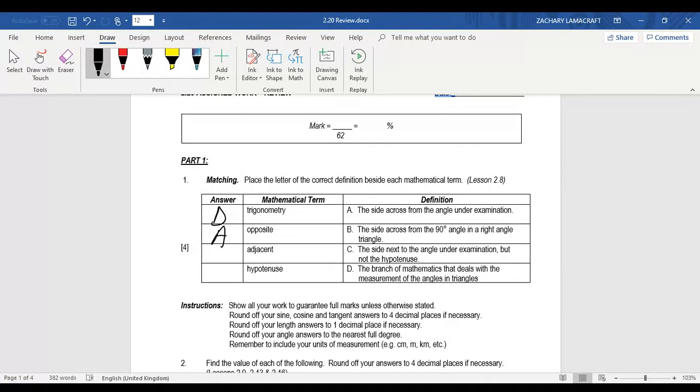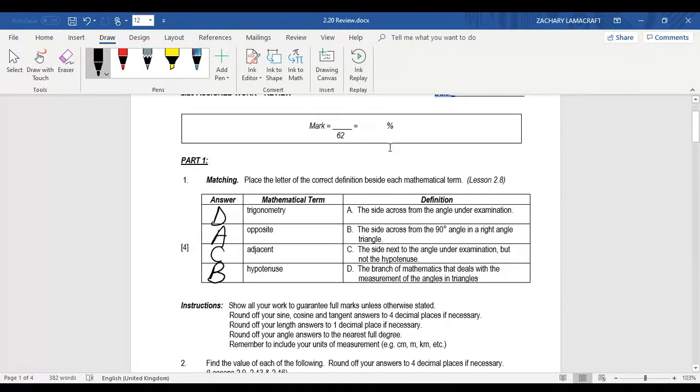And then we know that the adjacent side is the one next to the angle under investigation, and it's not the hypotenuse. Now we know the hypotenuse, on the other hand, is the one opposite from the right angle, and in this case, that would be B. Okay.